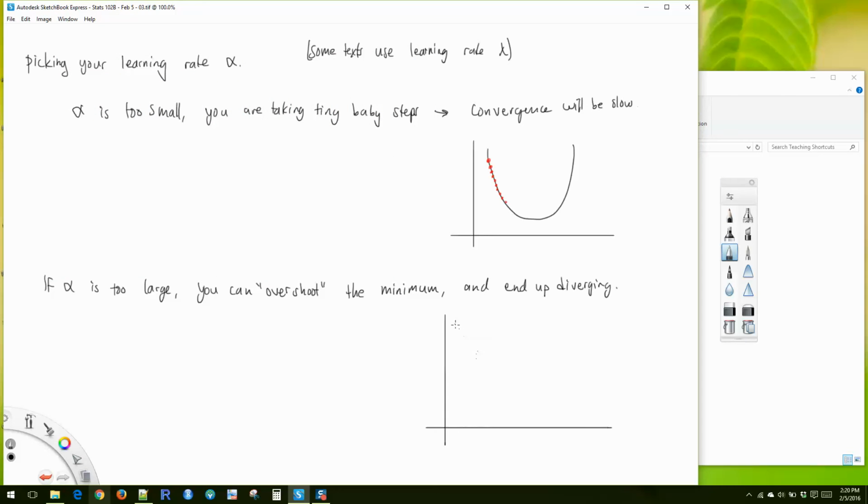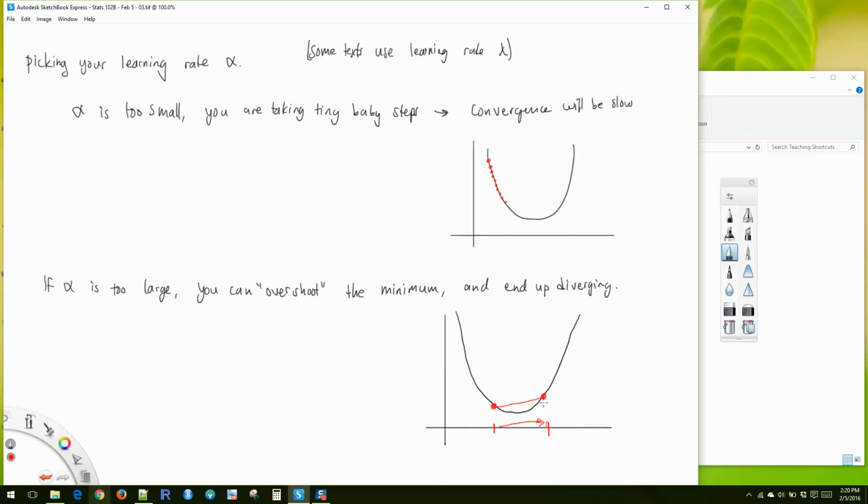I'll talk about it. So let me just show you what could happen if your alpha is too big. Okay, so if your alpha is too big, and let's say you start here, and you take a huge step, and you end up over here for the next spot. Okay.